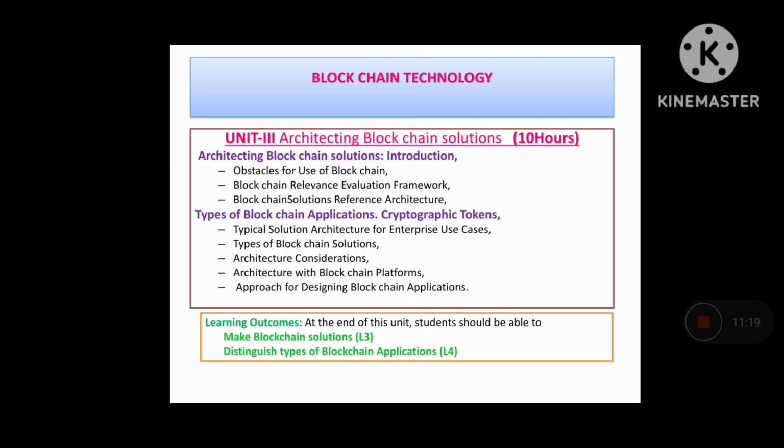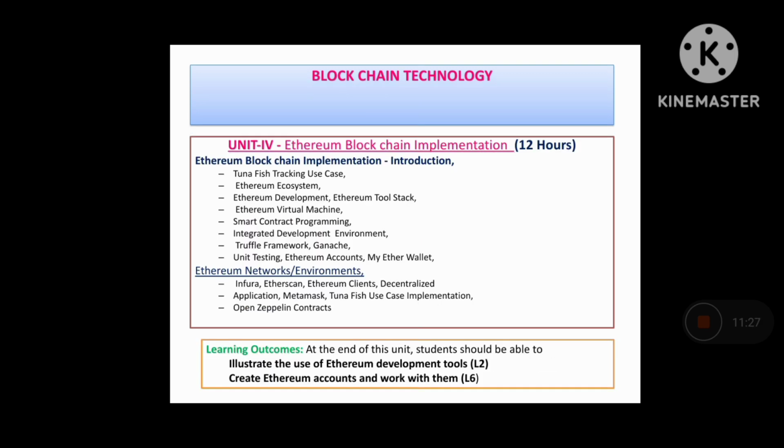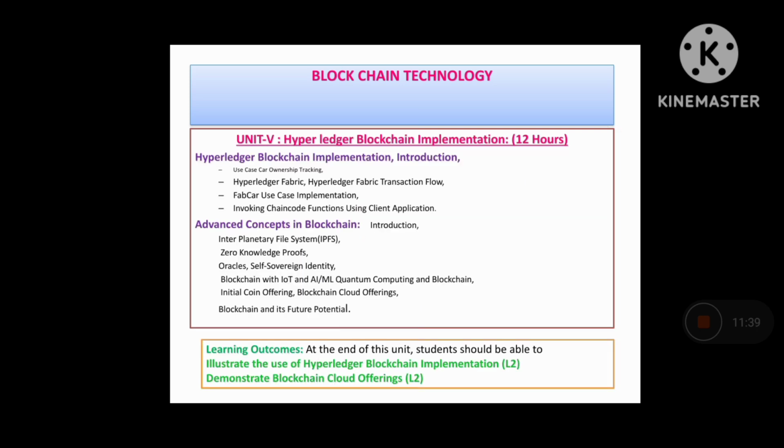Then in the third unit, architecting blockchain solutions. In the fourth unit, Ethereum blockchain implementation. And in the fifth unit, Ethereum blockchain implementation. The last unit, we are going to discuss Hyperledger blockchain implementations.